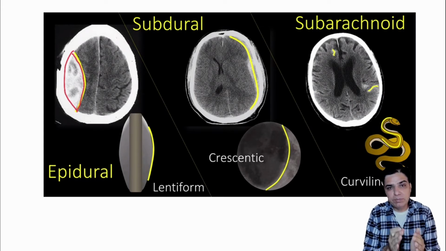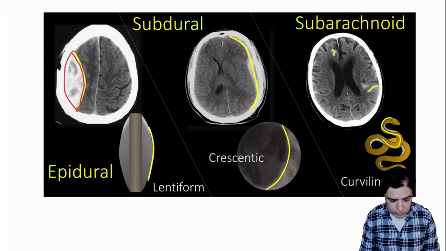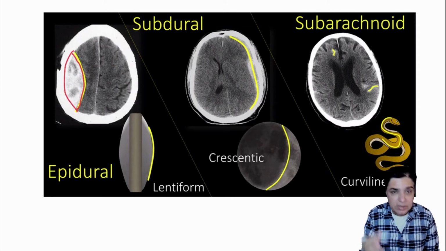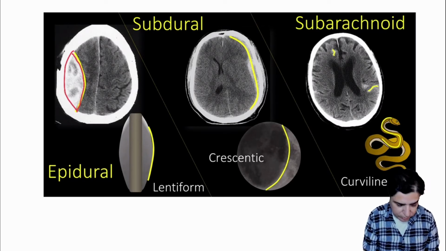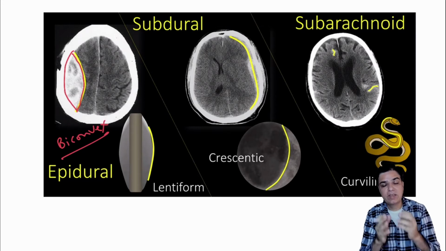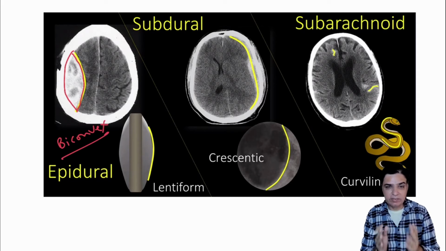It is between the bone and the dura mater. So the biconvex shape is characteristic of epidural or extradural hemorrhage. So this is always biconvex. Remember that whenever you see a biconvex whitish-gray shadow sitting at the periphery of the brain, you can swear that it is an extradural or epidural bleed.